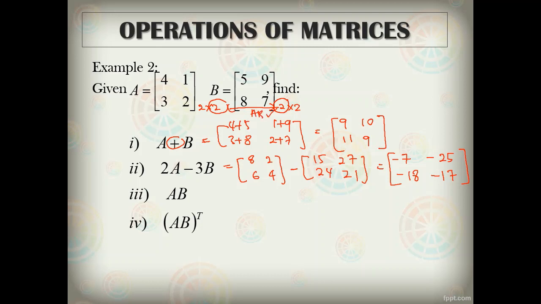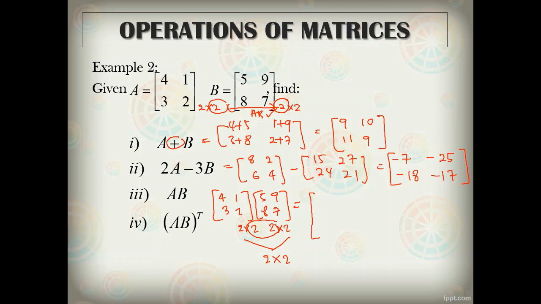To multiply this, A is 4, 3, 1, 2 and B is 5, 9, 8, 7. Since this is 2 by 2 with 2 by 2, you should expect the product of A and B to be a 2 by 2 matrix. So you need to prepare 2 columns and 2 rows.